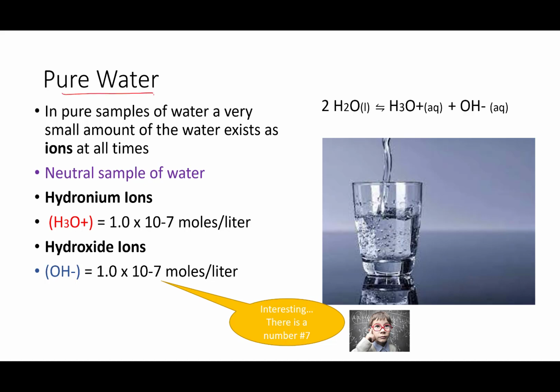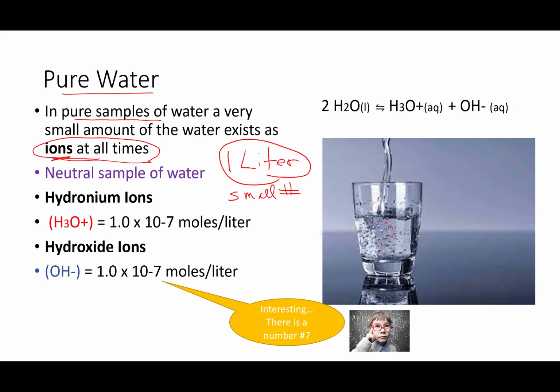Now, one of the interesting things is if you take a sample of pure water, at any moment in time, some of the molecules of water are going to be ions, not molecules. If you take a 1 liter container full of water, within that container, a very, very, very small number of those water molecules are going to be broken down into ions.